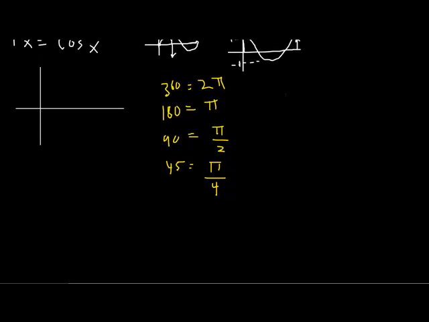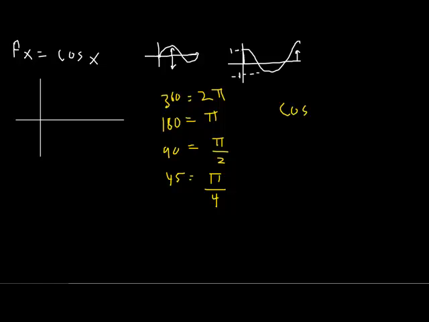Now these are our units. So what's cos of 0? As we discussed, it's going to be the maximum value. Cos of 0 should be 1.